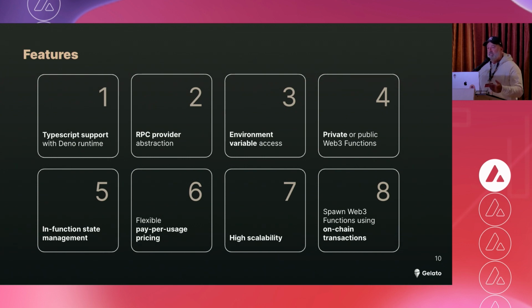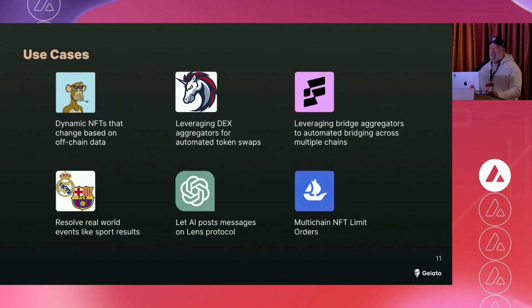We have a free tier that also allows one function to execute every minute. It's highly scalable, and it allows you to extend Web3 Functions using on-chain transactions. Since we launched the product in February, we have seen a lot of use cases, and this is only a sample of them: dynamic NFTs, a DEX aggregator automating token swaps, automating bridging between different chains, and bringing on-chain real-world results of football games.